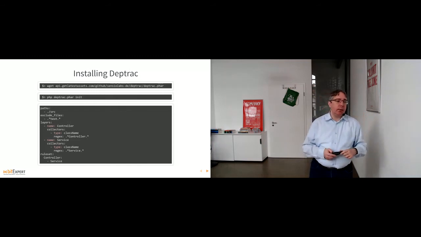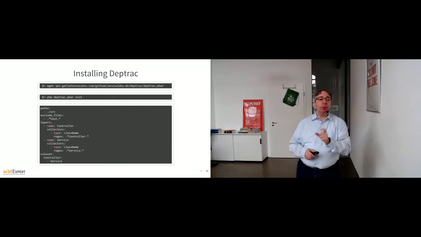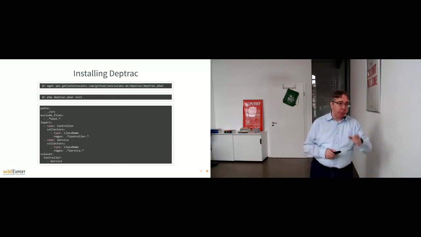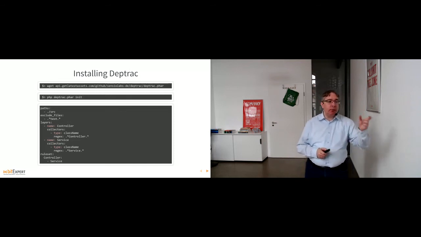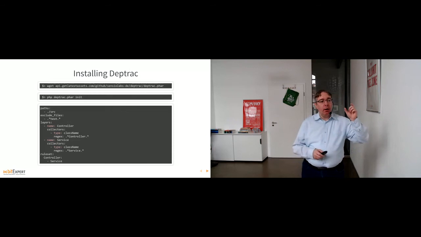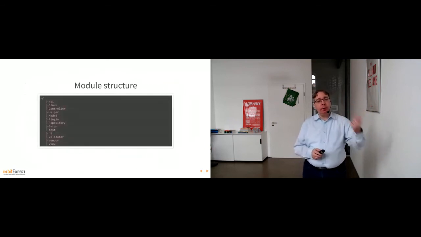The controller classes have the controller keyword somewhere in their name. And we have service classes where somewhere in their name is the word service. This could be the class name or the namespace or whatever. And then we define rules stating the controller is able to access the service layer, but not the other way around.